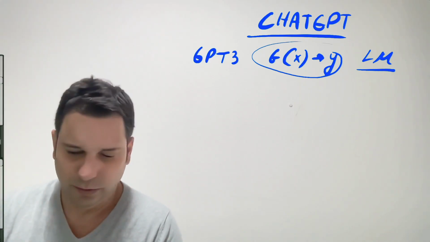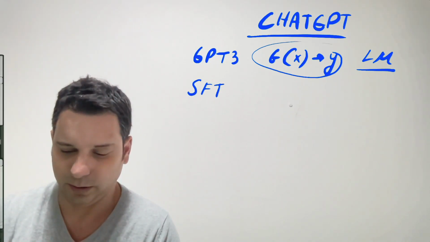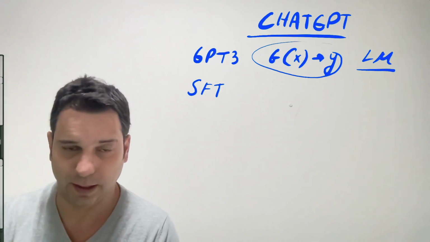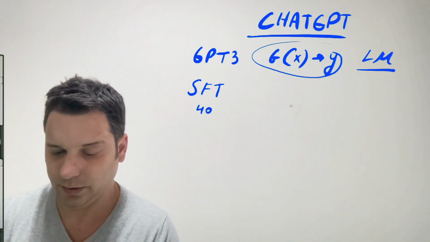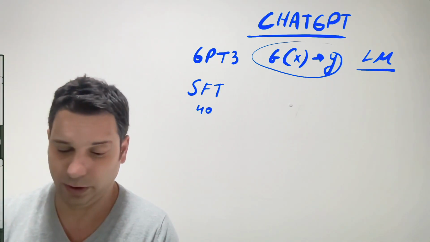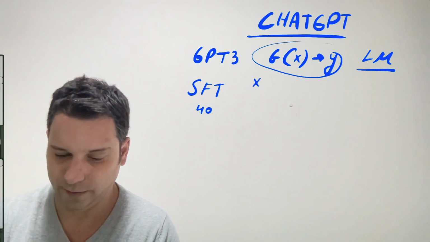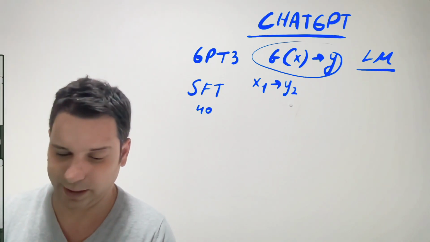So what you do is what's called supervised fine tuning of the model. You take human labelers. In this case, it was around 40 people that took questions, which we also call prompts. For every prompt, they wrote an answer, which is human crafted, and we can call it a professional answer.